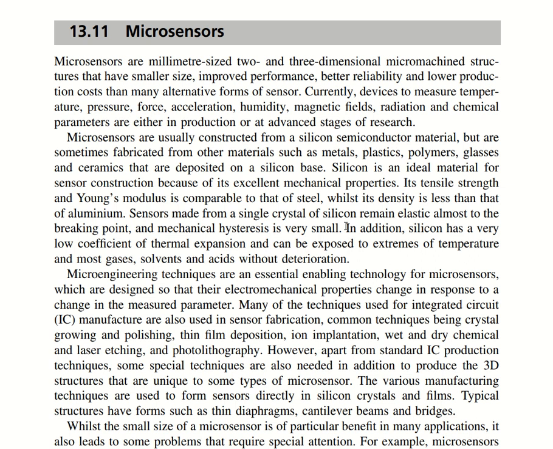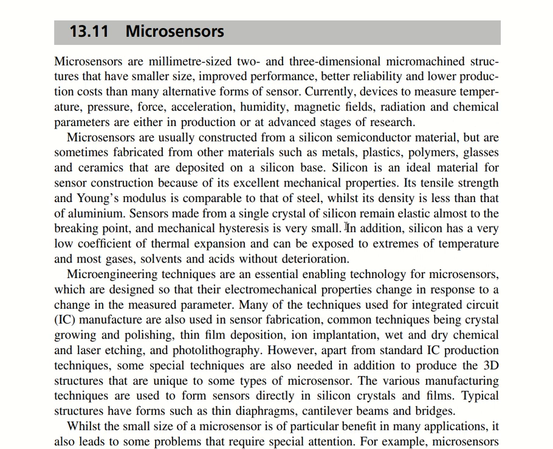And currently the devices to measure temperature, pressure, force, acceleration, humidity, magnetic field, radiation, chemical parameters are either in production or at the advanced stage of research. These micro sensors are usually constructed from silicon semiconductor material, but sometimes fabricated from other materials like metal or plastic or polymer, glasses, and even ceramic. And then they are deposited on a silicon base.